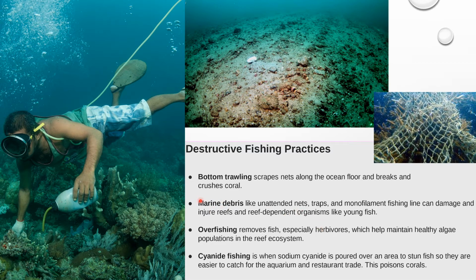But another one is cyanide fishing, and people that own aquariums that they want to make money off of in some way, aquarium shops, people that want to sell exotic fish on the internet, and yes, it happens all the time. They literally go diving, and in a little tank they have cyanide, which is like a poison, and it stuns the fish or the coral.